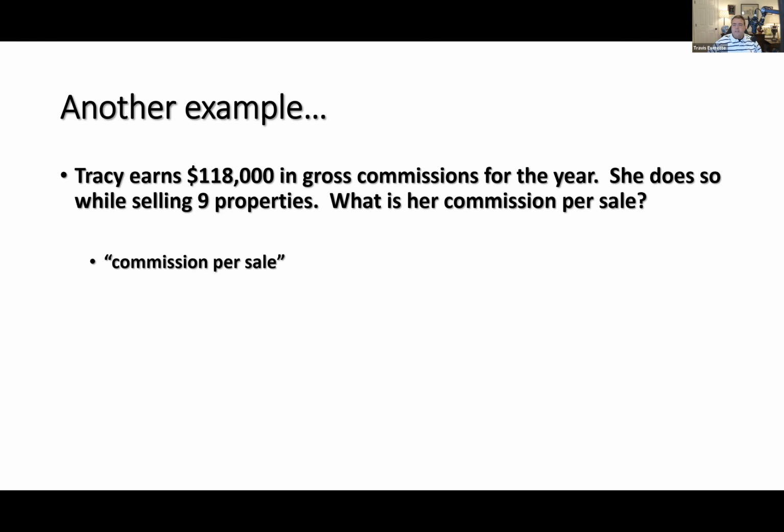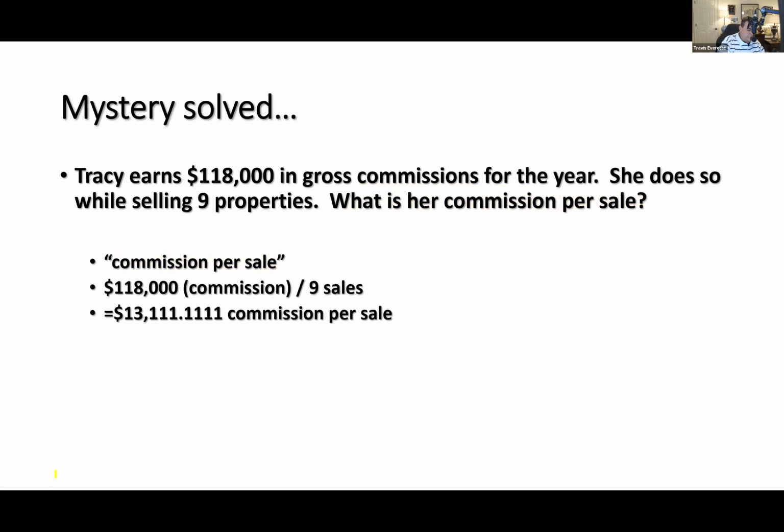So it says Tracy earns $118,000 in gross commissions for the year. She does so while selling 9 properties. What is her commission per sale? So again, here's my question. What is her commission per sale? And we already talked about how per just means division. So I'm going to do a little bit of substitution here.